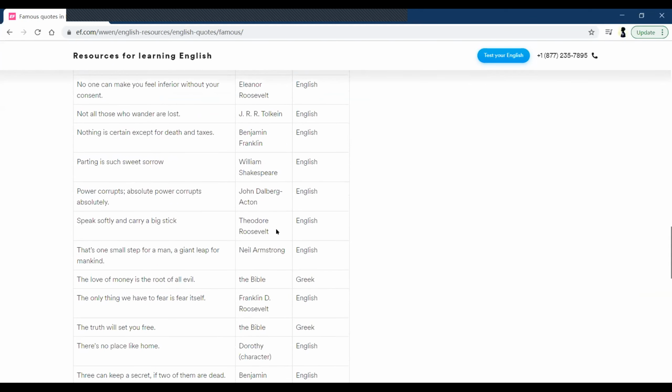And the sentence from Theodore Roosevelt, "Speak softly and carry a big stick."